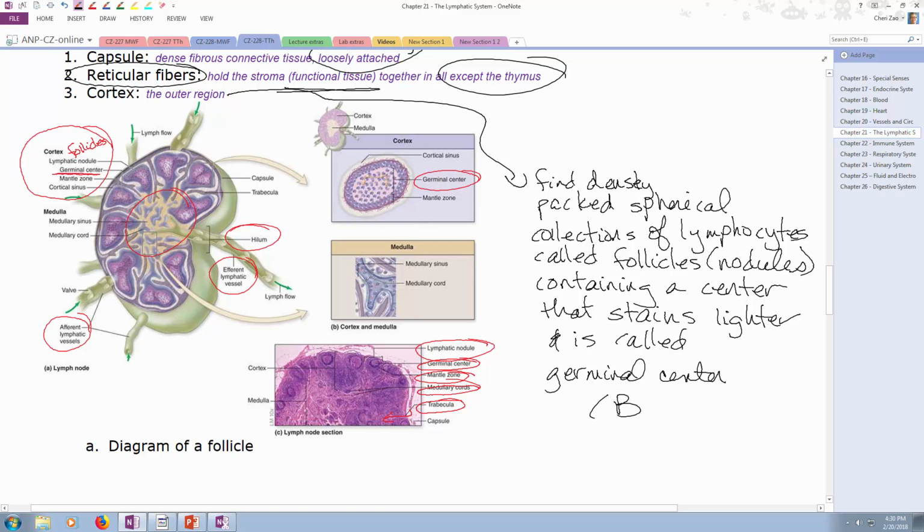And here's where we're going to find B cells. B cells are the same thing as B lymphocyte cells.